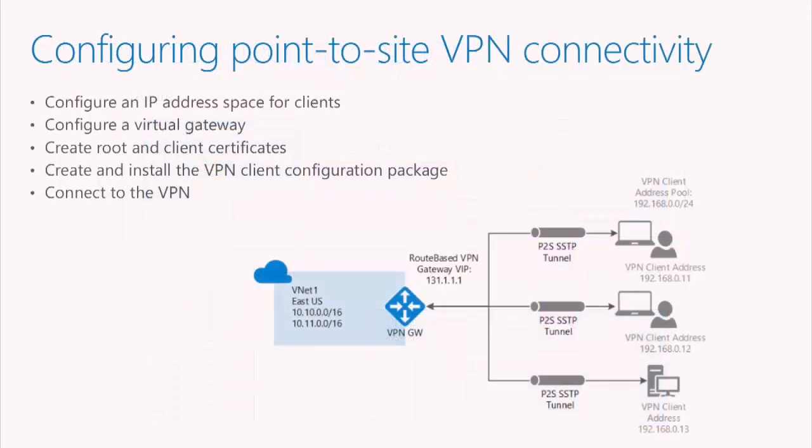So the first one is a point-to-site VPN. And this can be done, it's worth noting, to a client or to a system, depending on the configuration that you want to choose. So the first step is I create an address space. I need a virtual subnet that's going to be assigned to incoming clients. We create the gateway. We create some certificates that are used to authenticate the gateway.